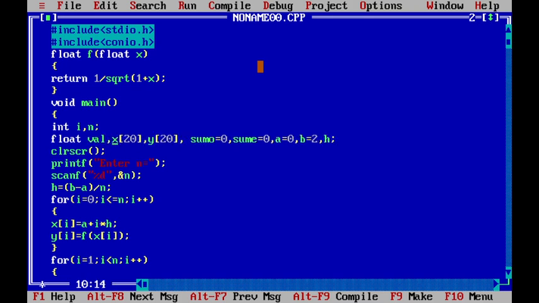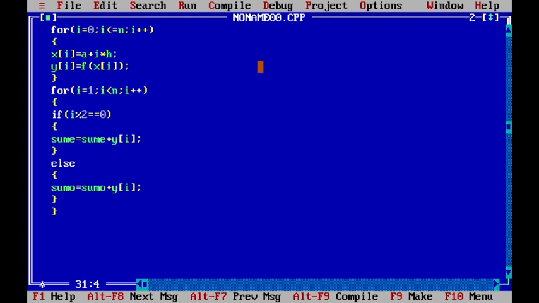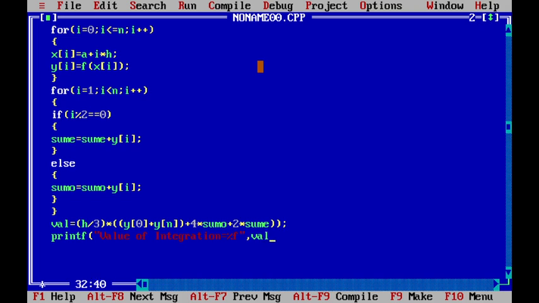Call it VAL. So value of the integration, VAL, is equal to h by 3 multiplied by, inside the bracket we require two brackets, y0 plus yn, plus 4 times sum odd plus 2 times sum even, bracket completed, one more bracket completed, and then printf the value of the integration is equal to %f, VAL, bracket completed.